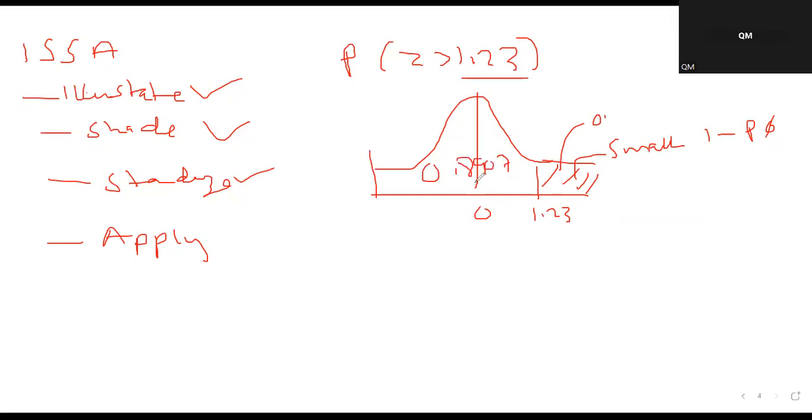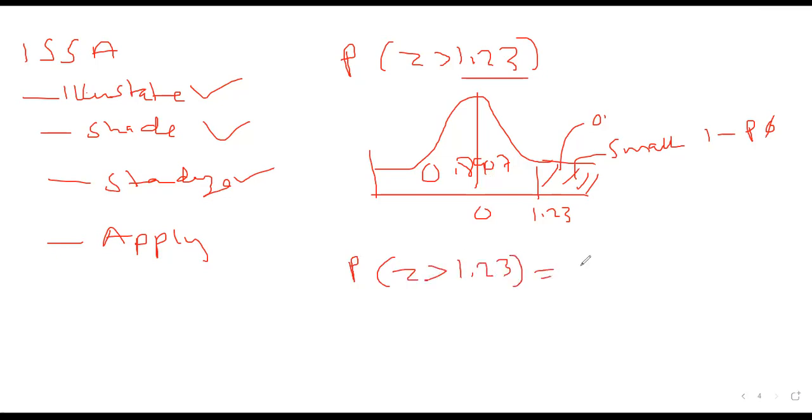So this is about 89%. So if this is 89%, how do we find the small region here? The probability of Z is greater than 1.23, we're going to definitely subtract 1 minus 0.8907.